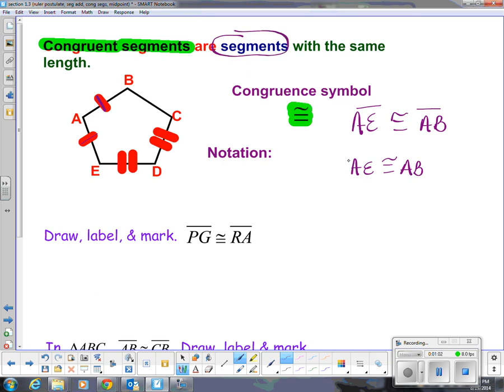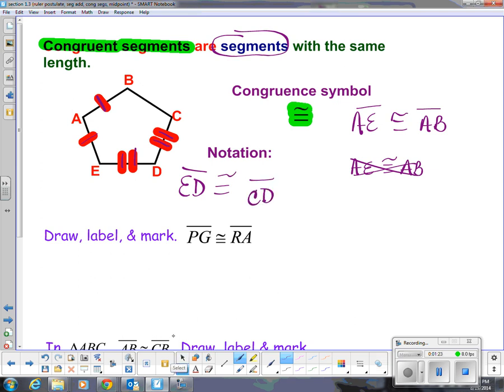That is referring to the distance from A to B, or A to E. That's bad. We need the segment bars on top. All right, if we look at the next two, do you see these two tick marks? That associates ED with CD, so we would say segment ED is congruent to segment CD.